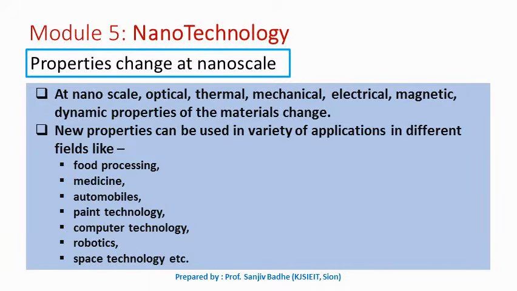It is observed that when the materials are reduced to the nanoscale, they show different properties as compared to the properties exhibited by them at the bulk level or macro level. For some materials, optical properties may change, thermal properties may change, mechanical properties may change, electrical properties may change, magnetic properties may change, and these new properties can be used in a variety of applications in different fields.